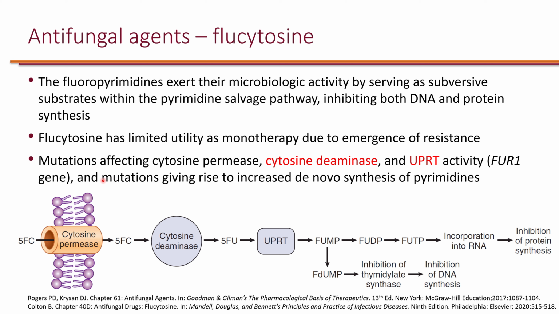So mutations affecting cytosine permease, cytosine deaminase, and UPRT activity can lead to pretty much resistance to this agent. And because there are so many targets for mutations leading to resistance, this agent should never be used as monotherapy. So anytime you see flucytosine, it will be bundled with another antifungal agent for most fungal infections.